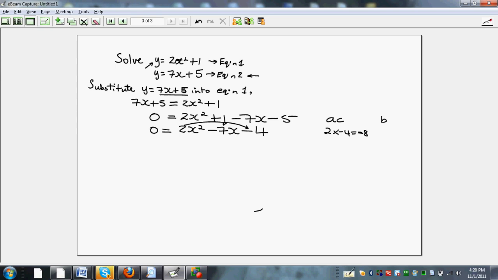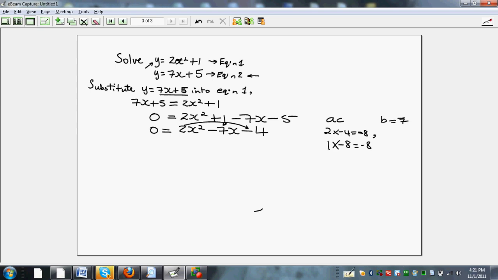In this case, B is minus 7. So I'd have to get the factors of minus 8 that give me minus 7. And once you try it, you'll see that 1 multiplied by minus 8 will give me minus 8. So these are two factors of minus 8, 1 and minus 8.